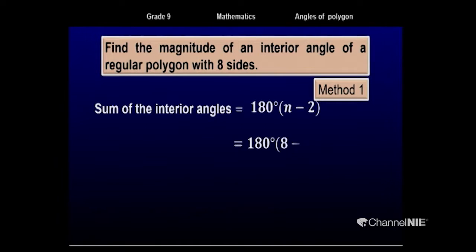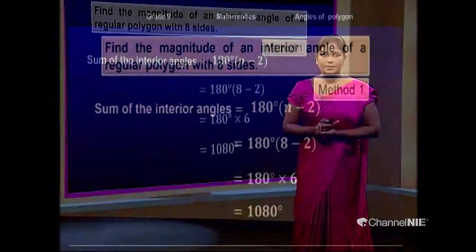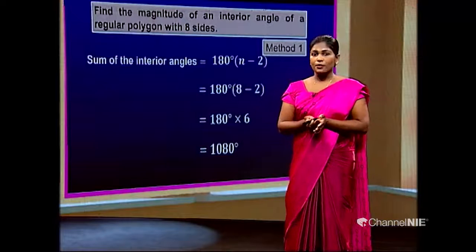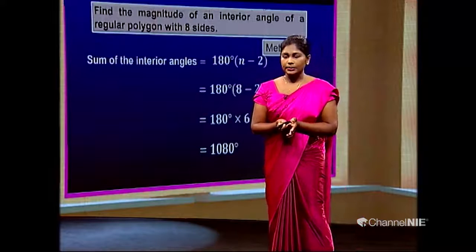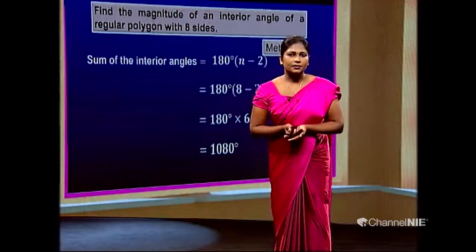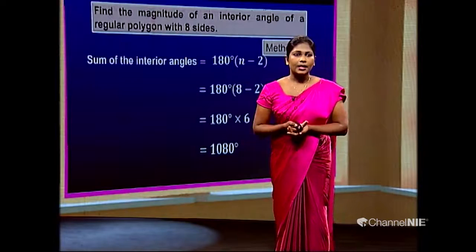There are 8 sides, so substitute 8 minus 2. What is 8 minus 2? 6. So 180 degrees into 6 is equal to 1080 degrees. So the sum of the interior angles of an octagon, that means 8 sides, is equal to 1080 degrees.